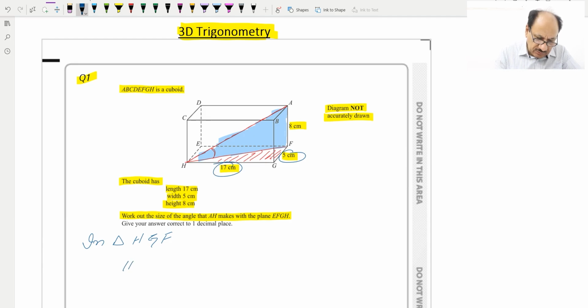HF square, which is hypotenuse square, is equal to HG square plus GF square, and then we can replace the values.